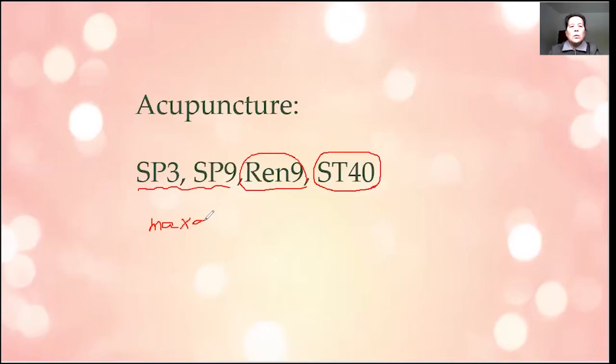So we can use pretty similar points, basically still spleen tonifying points: Spleen 3, Spleen 6, even Ren points, Ren 6 and Ren 4, and the back shu point of the spleen, Bladder 20. So that can still be used for this case.